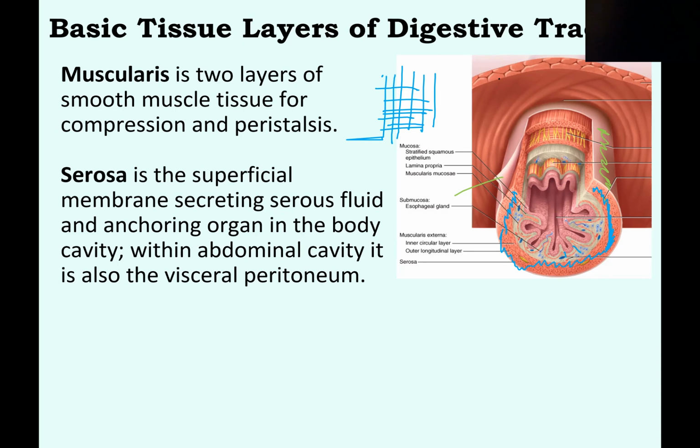Okay, in the thoracic cavity, we're going to use a different term. Okay, here we go. The adventitia. So, 2 different names for the same layer, depending on which cavity you're located in.